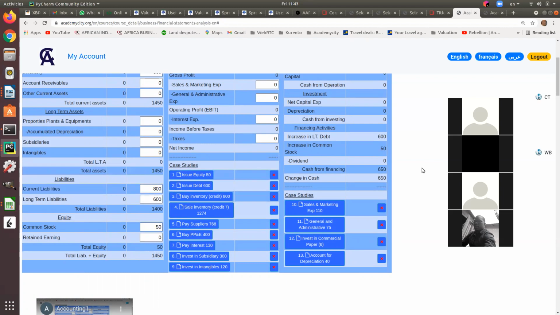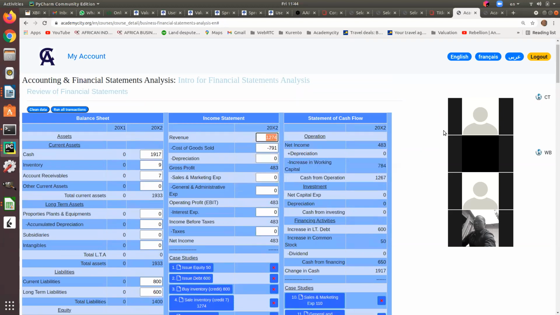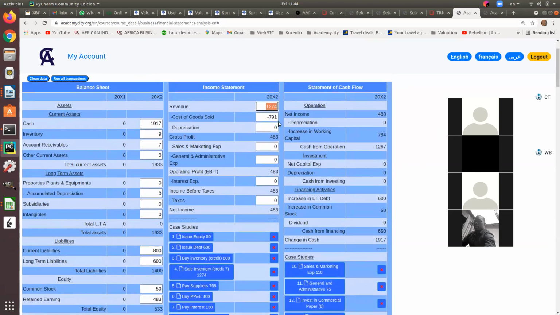Then we have these complicated transactions. I will click on it. And what happened? We sold for 1274. Our inventory went down by 791. One more time, if you look at that, our cash went up and our accounts receivable went up and our inventory went down.